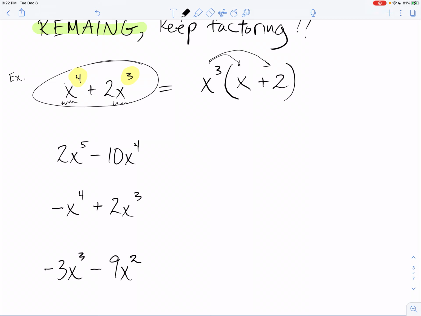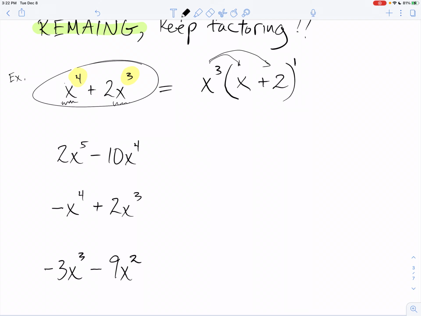Now take a look at what's left over: x plus 2. There's no squared here. There's no third power here. It's a first power. If we wanted to, we could write a 1 in every time we factor something out of a binomial like that, but nobody writes it in.